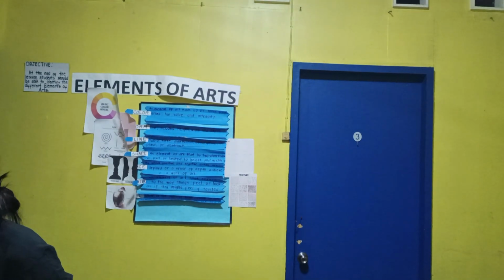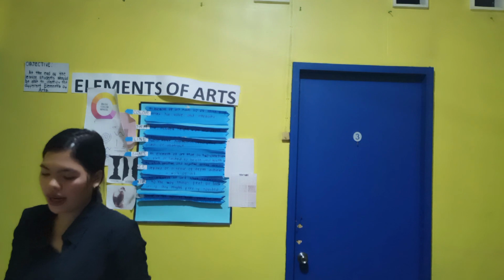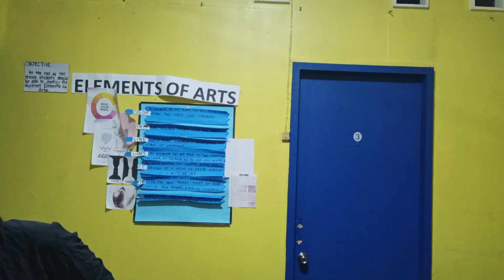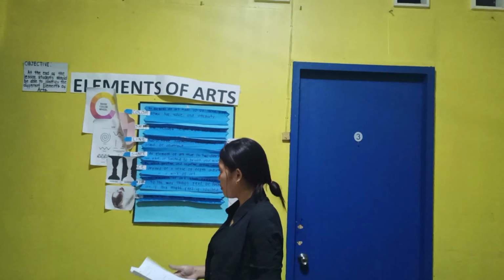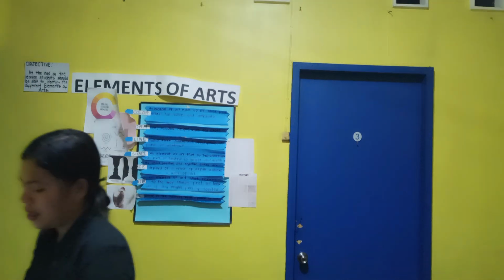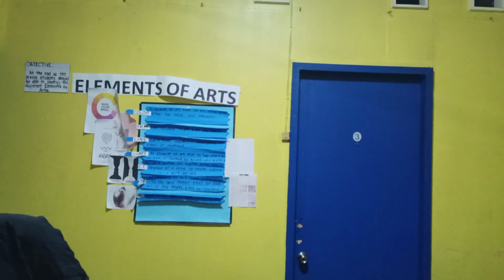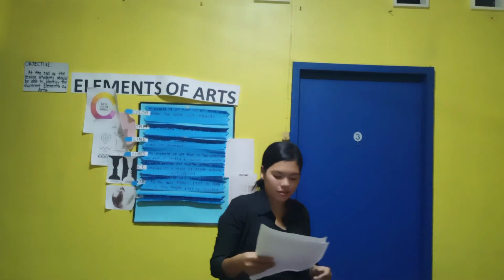If you are done, pass the paper. Before I end this discussion, I have an assignment in half course-wise. Please take note of this one because I don't have a chalk.